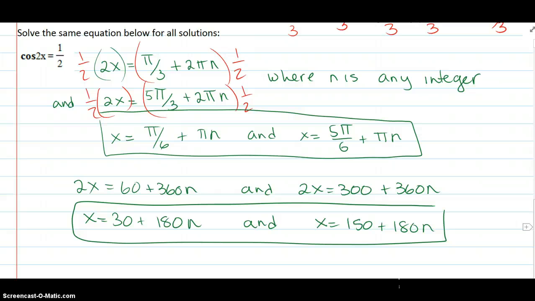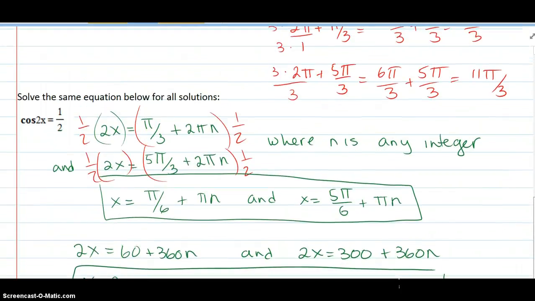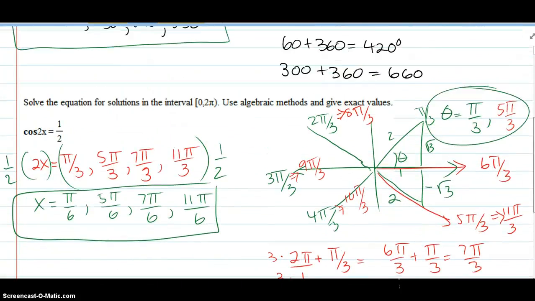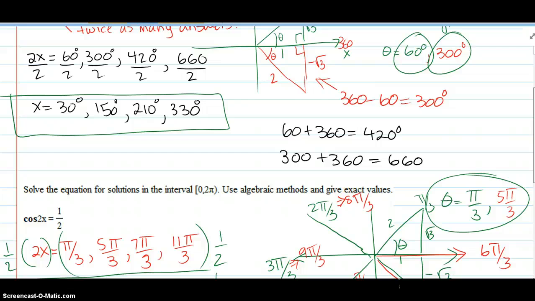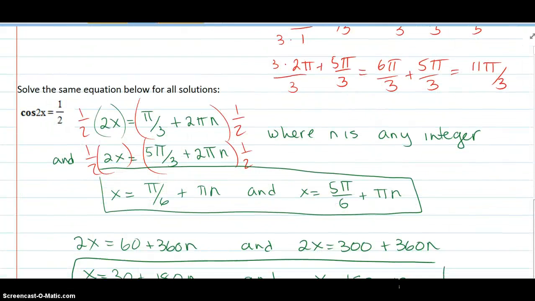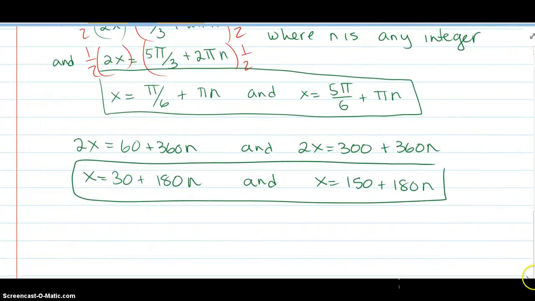So if you want to get all the solutions just from here, you could just keep on, like n is 0 gives us the 30. If we look back up at the original, the general solution, there's the 30. All right, let me write those down. I'm going to copy those.